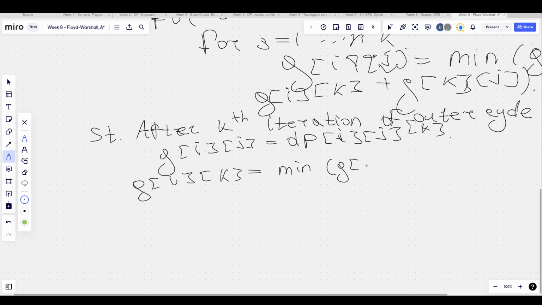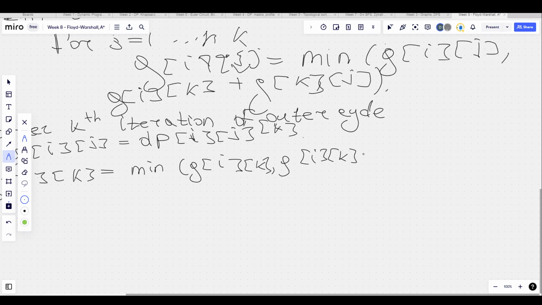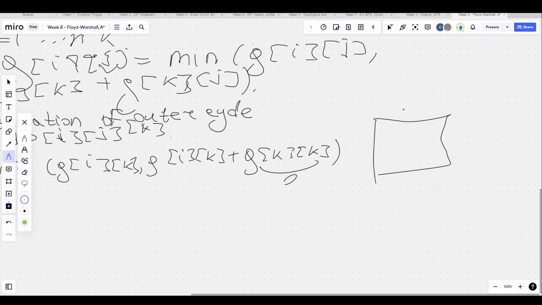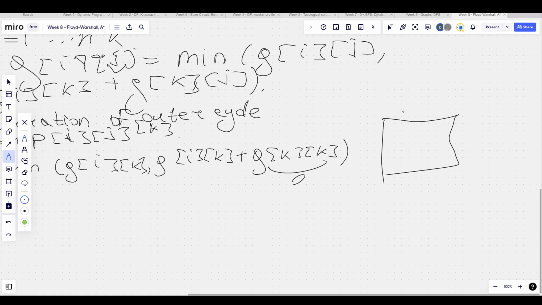In g i k plus g k k, it equals null, so this sum, if we consider layer k, the row and column k don't change in the whole iteration.